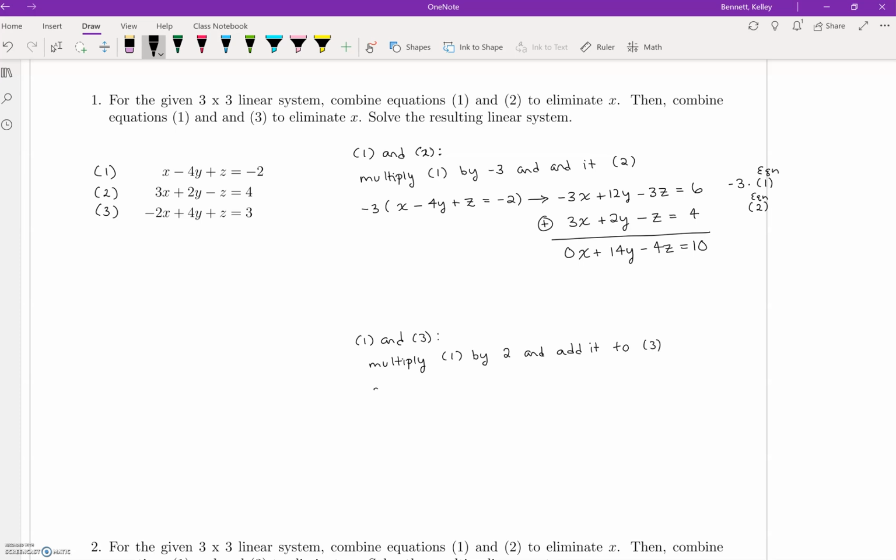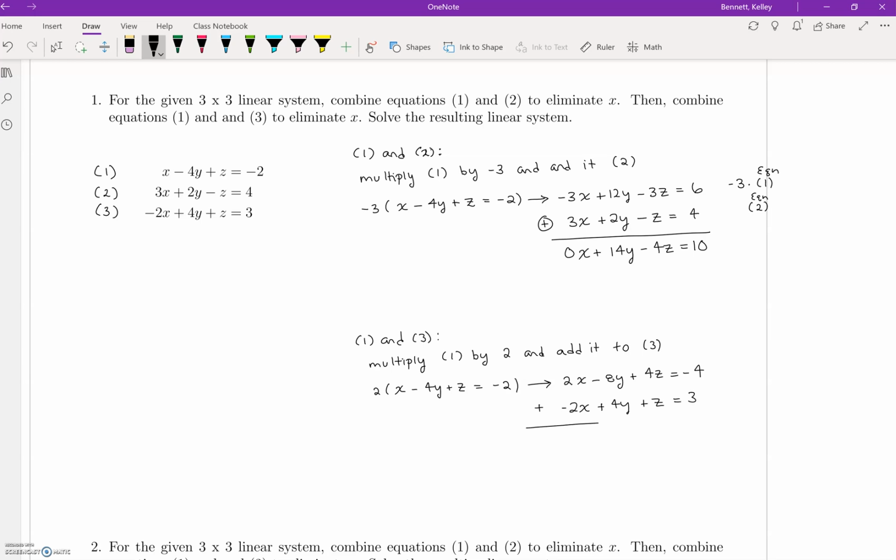So I get 2 times the first equation, x minus 4y plus z equals -2. And so that's going to become 2x minus 8y plus 4z equals -4. And I want to add that to the third equation, which was -2x plus 4y plus z, and that equals 3.